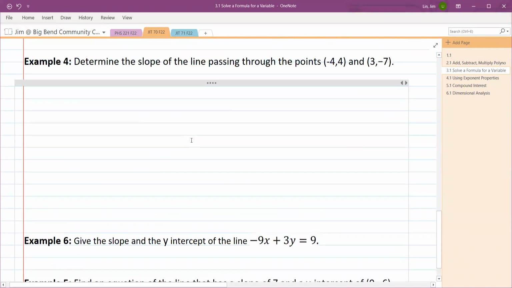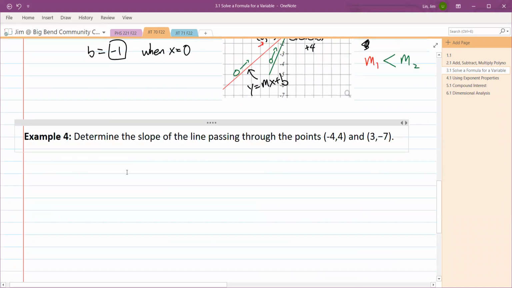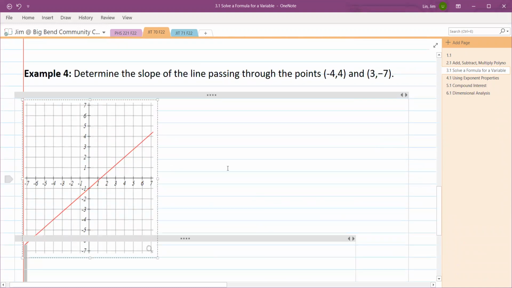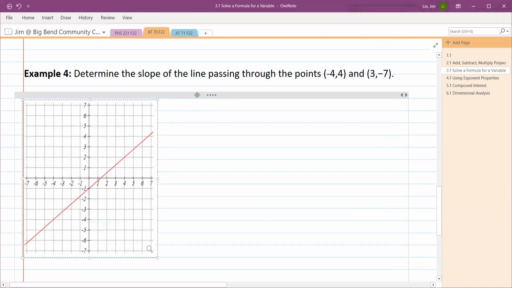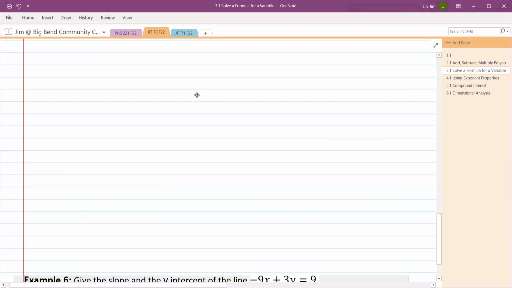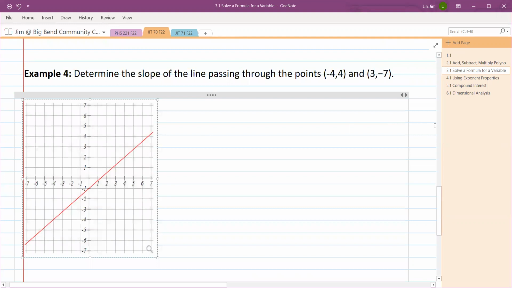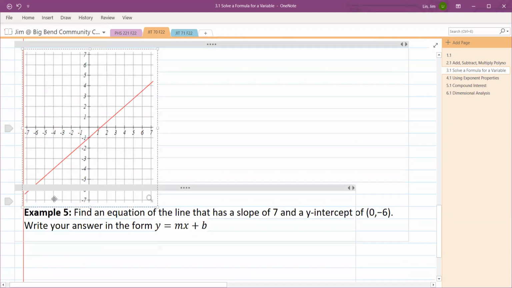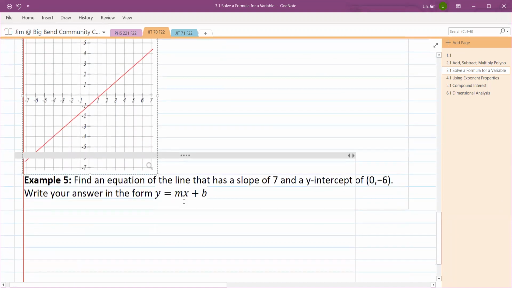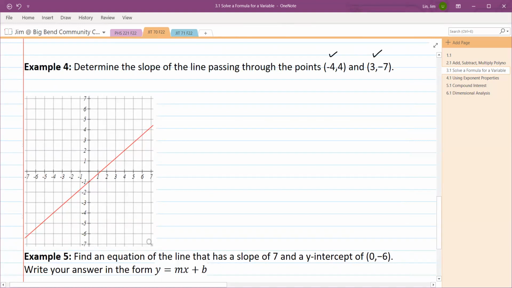I'm going to borrow the previous blank graph, and use that blank graph to show you the way we approach the answer, okay? In that case, I can move to example 5 backward. So determine the slope of the line passing through the points. All right, so we have 2 points given.